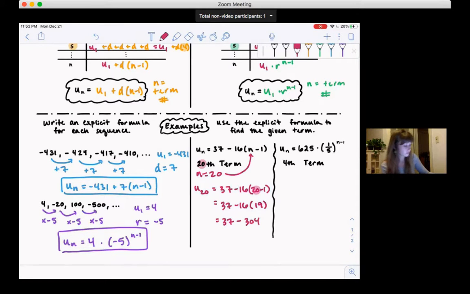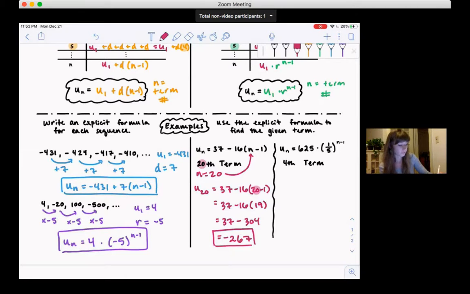And then we'll do 37 minus 304, and we'll get negative 267. So the 20th term in that sequence is negative 267. And we were able to jump directly there, given only the term number, using our formula.